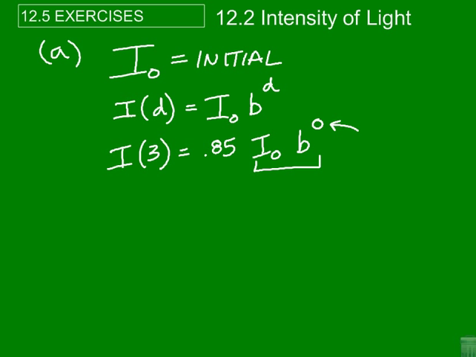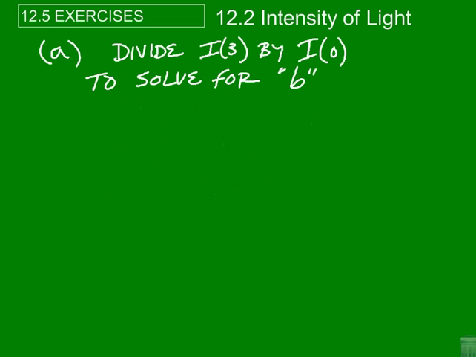So I have two data points, and what I can do is, if I take I of 3 equals 85% of the initial, then I can divide that data point by the first data point and solve for the unknown b. At this point, we have 3 unknowns in our equation. We have the intensity amount, we have the depth, and we have this multiplier, this base.